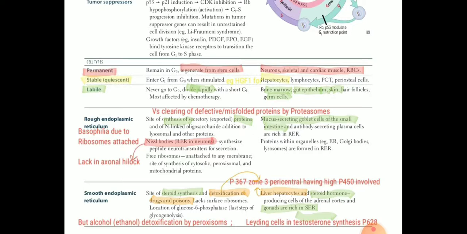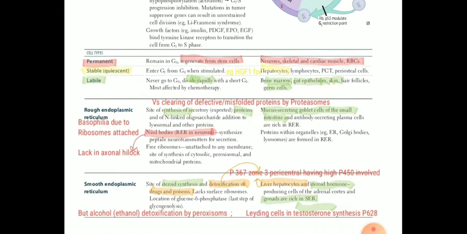Stem cells are labile cells, and the cells regenerating from stem cells are permanent cells, as they only regenerate from stem cells and then are terminally differentiated. Sometimes it causes confusion that stem cell is written above and bone marrow is written below. Bone marrow stem cells and stem cells are almost the same thing. It is written above with another meaning, that permanent cells divide from them, and below it is the labile cell or bone marrow.